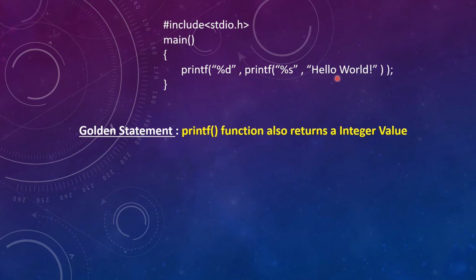And you need to count each and every single character. Then W-O-R-L-D, and also this exclamation mark. So the entire thing you need to calculate, and that value will be returned by this printf, and that will get printed by this %d. So it's quite straightforward. Let us see how to solve this.